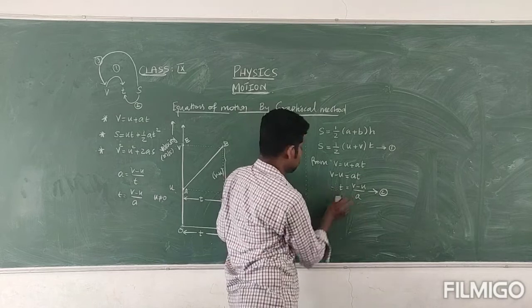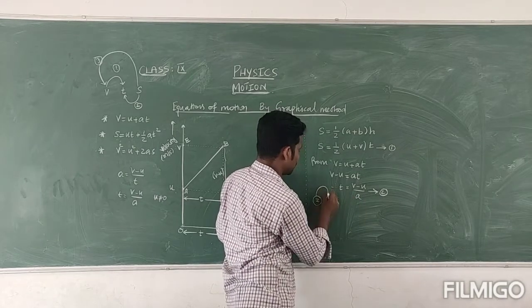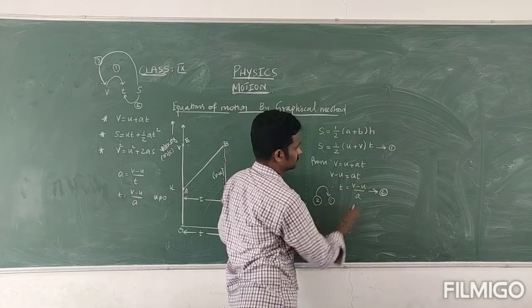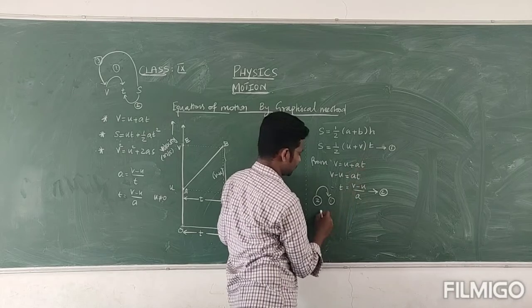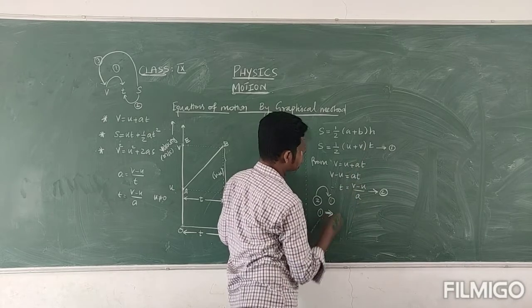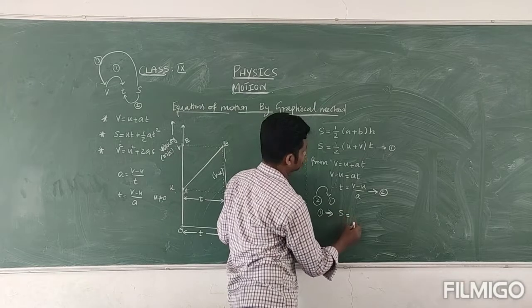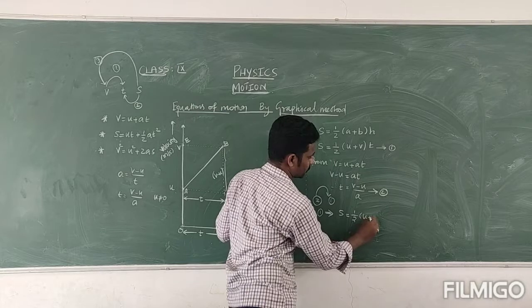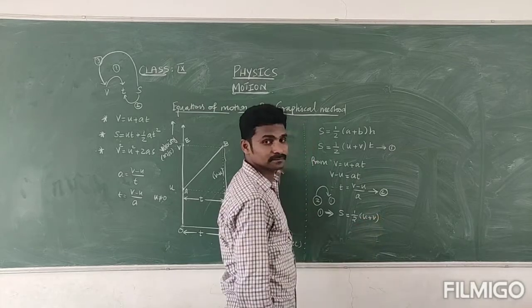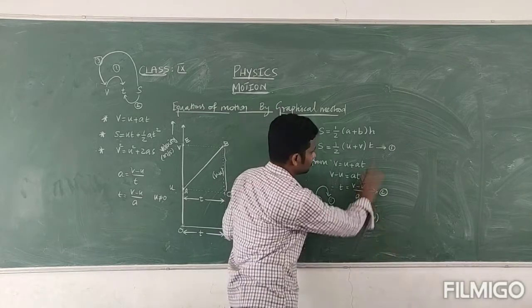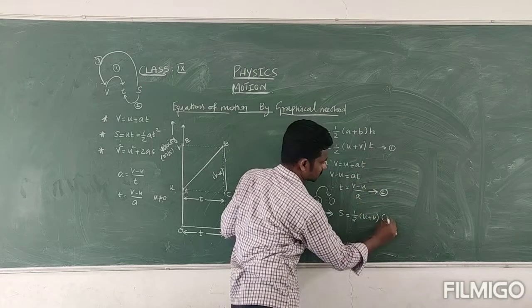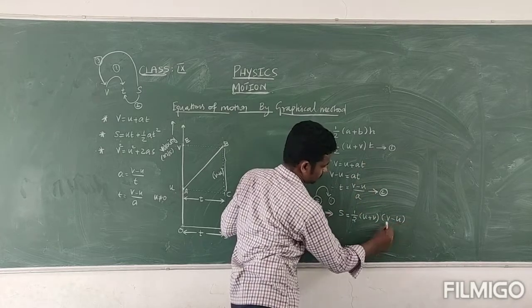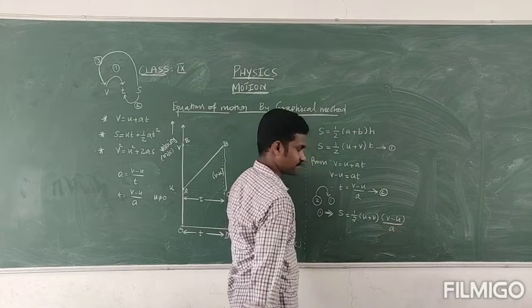I need the time factor only for that. So now this value, equation number 2, is applied in equation number 1. Therefore equation number 1 becomes S equal to half into (u plus v) into t, and the t value is (v minus u) divided by a.